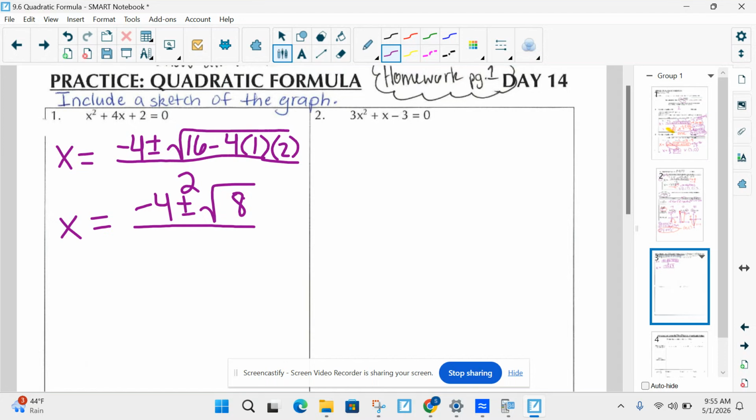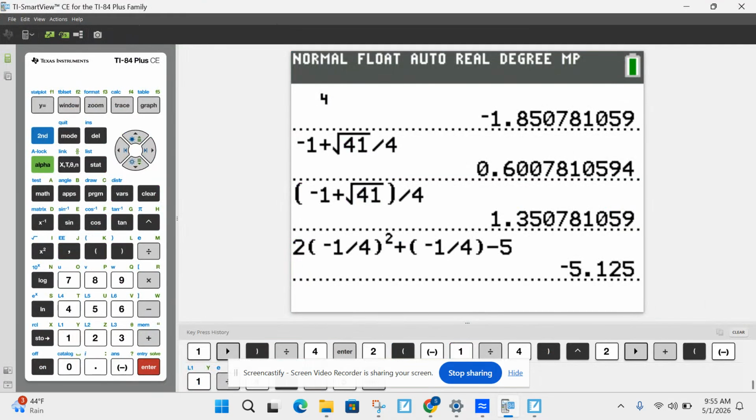Simplifying at least the square root part can help you know how many solutions you're going to have. If you get a negative number, then why bother with the problem? Just at least type in the square root part. Like, you could do 16 minus 8 in your head.